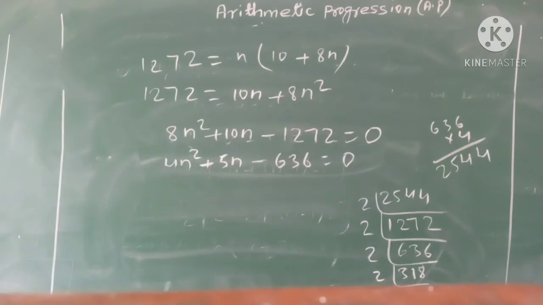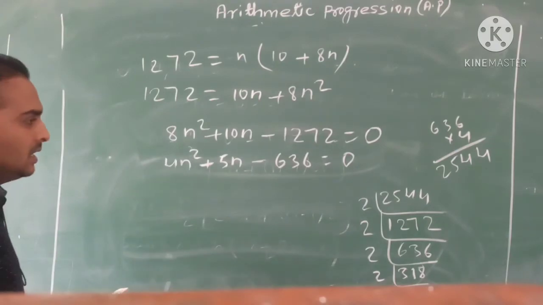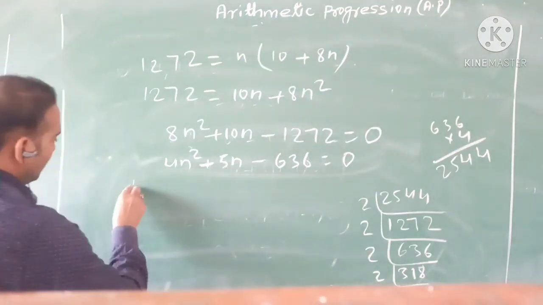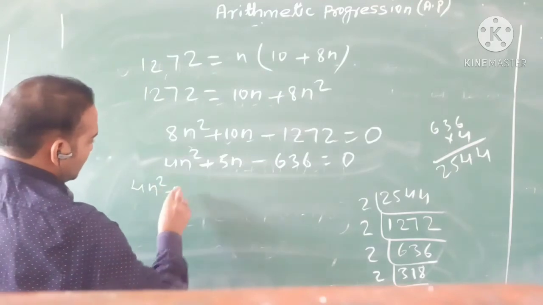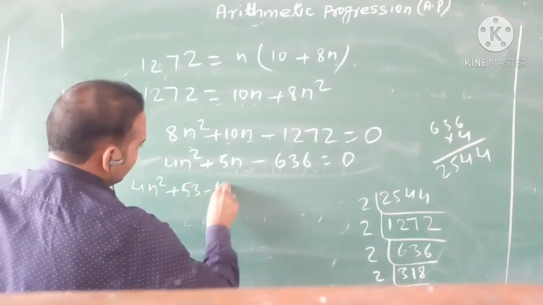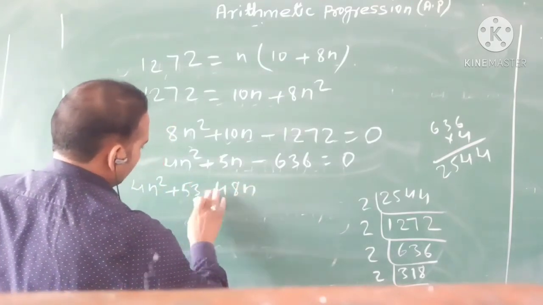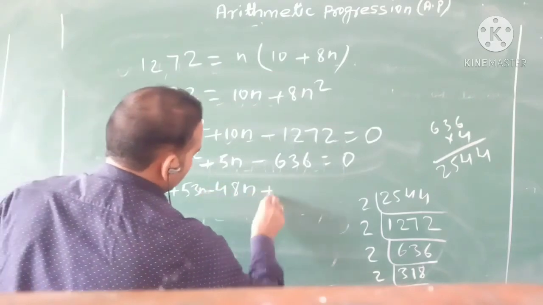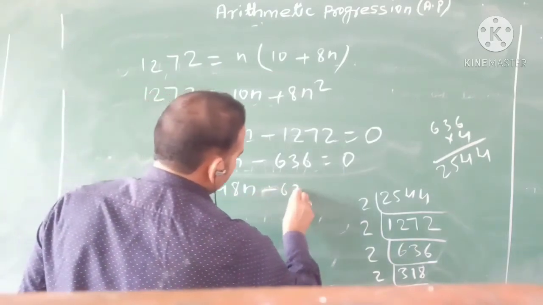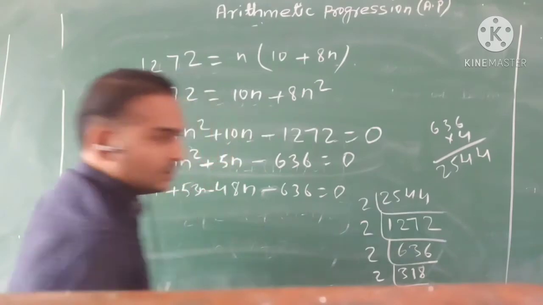That is, 53 minus 48 will get 5. So 4n square plus 53n minus 48n minus 636 is equal to 0.